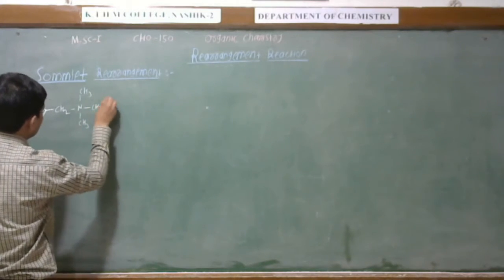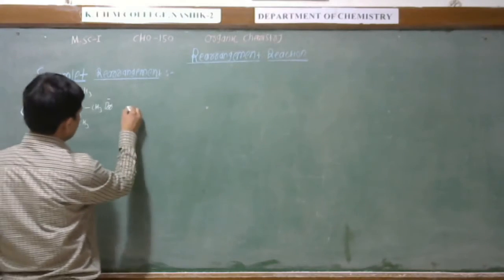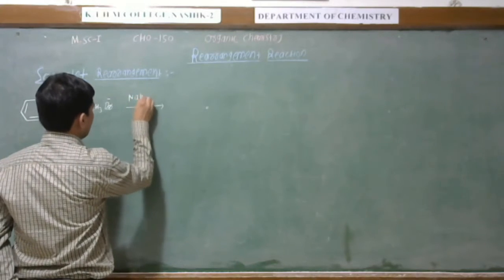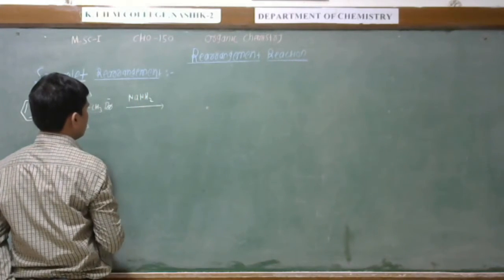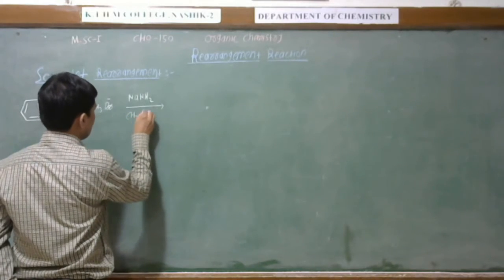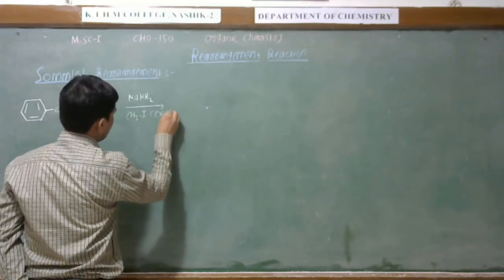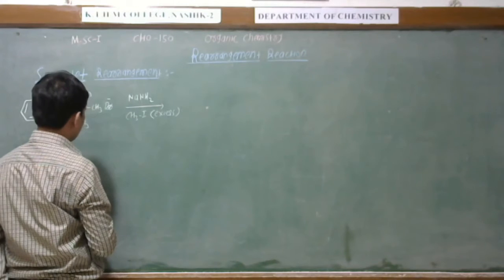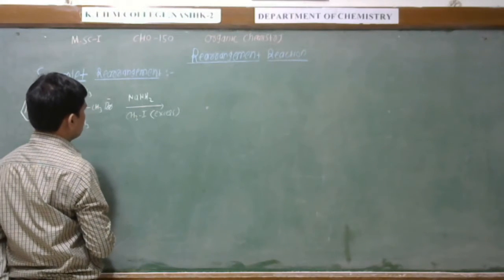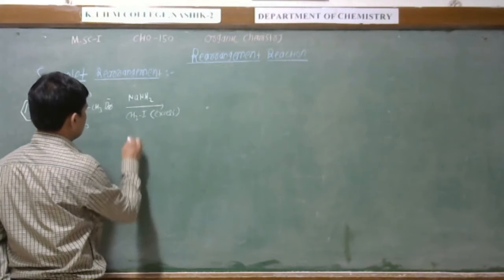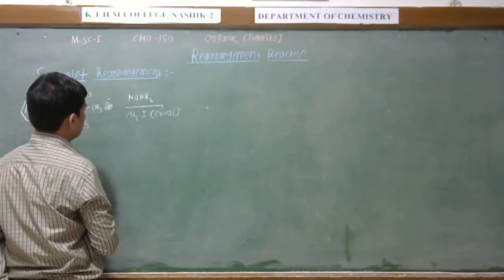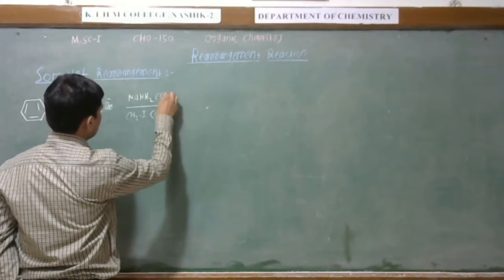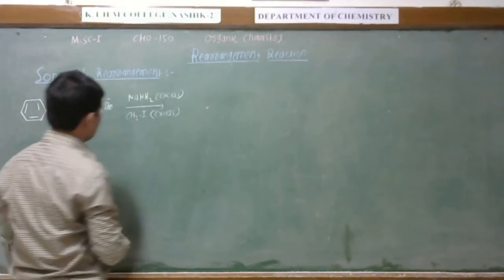We can write here bromide, and this nitrogen has a positive charge. The reagents are given here. The first is NaNH2. The second reagent is CH3I, which is given in excess quantity, and NaNH2 is also given in excess.